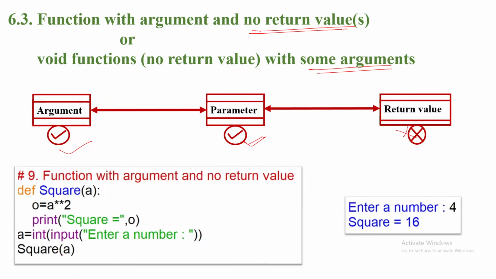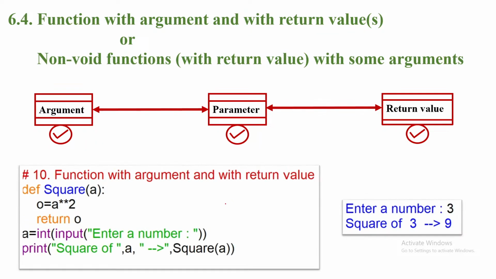Look here. First come here, take the input, then pass it in the arguments. Now we fetch that one, receiving the arguments as parameters. We solve the particular task, but there is no returning value because we call the print command here. So it will not return any value.